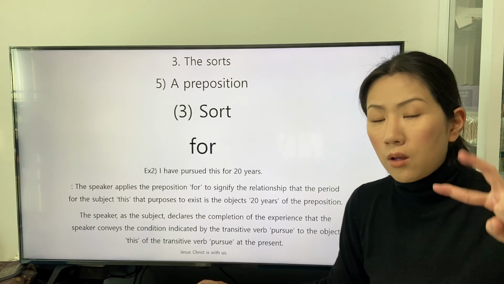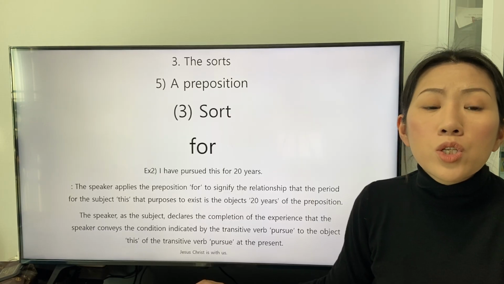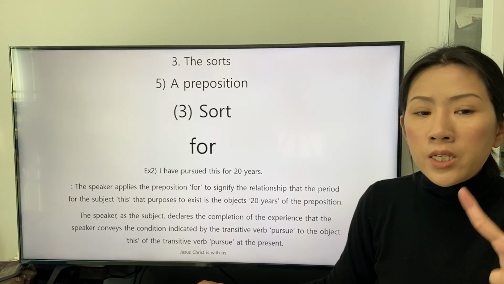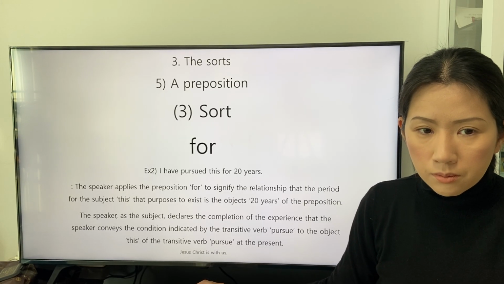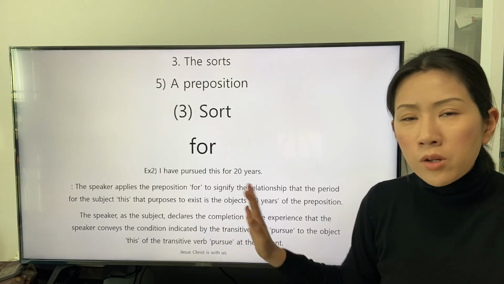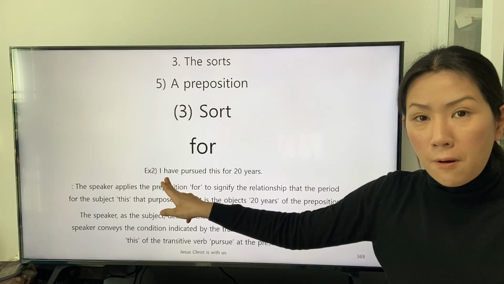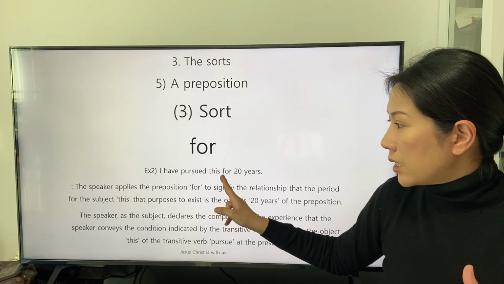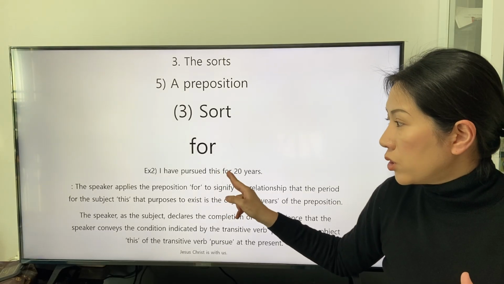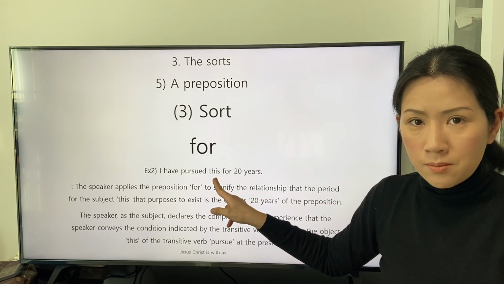There is the second clause. I have pursued this for 20 years. We can understand that this clause is stated in the present perfect tense. And there is the preposition for, whose subject is indicated by the indicative pronoun this.